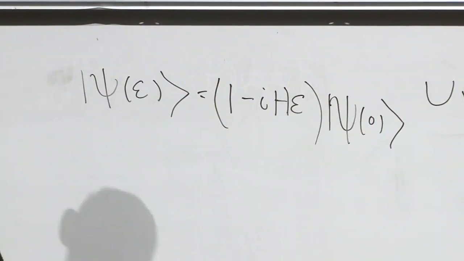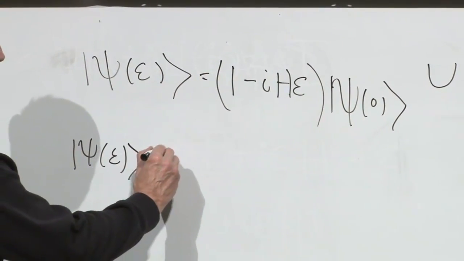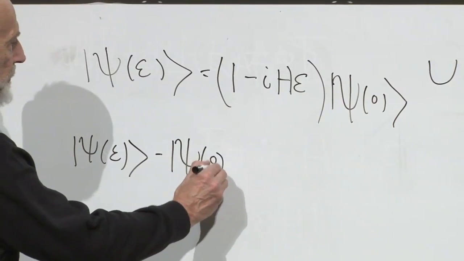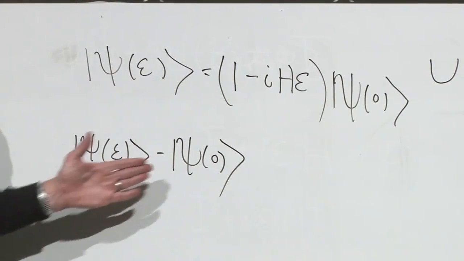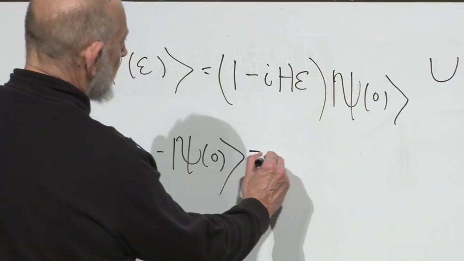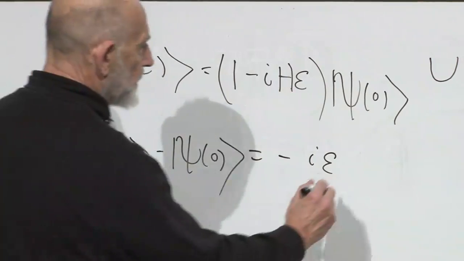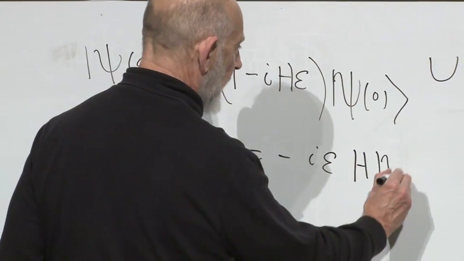Or another way to say it is that psi of epsilon minus psi of 0, this is the small incremental change in the state vector, is equal to minus i epsilon operation by H on psi.